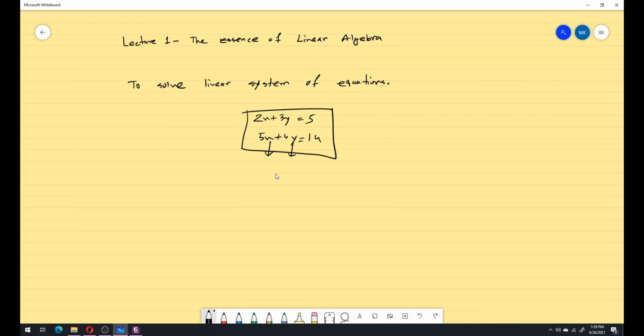This is easy to solve, but what about a bigger linear system, like 1,000 equations with 1,000 unknowns? In those cases the solutions become really complex, and linear algebra is very effective to solve the equations.